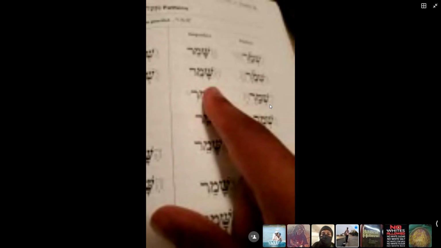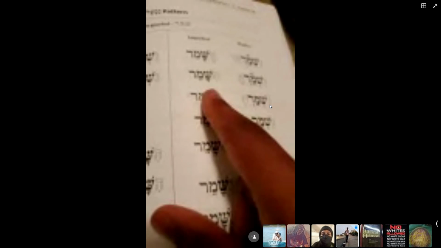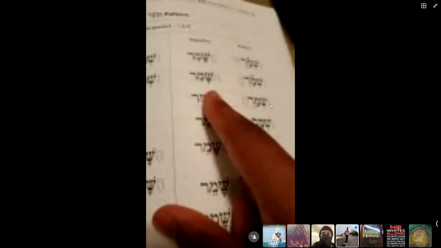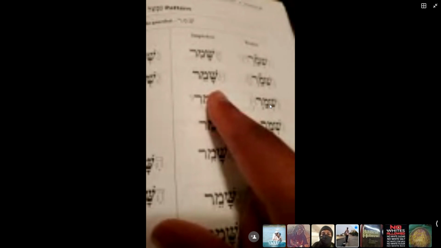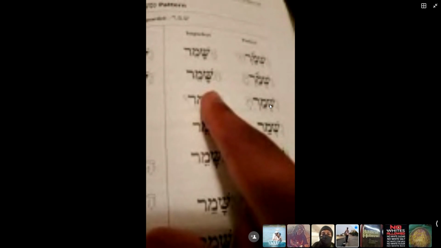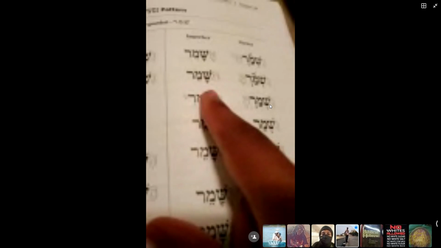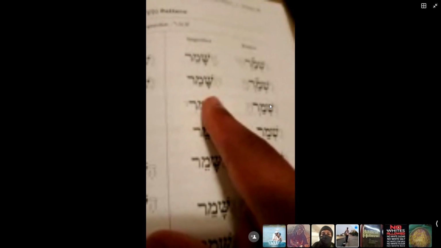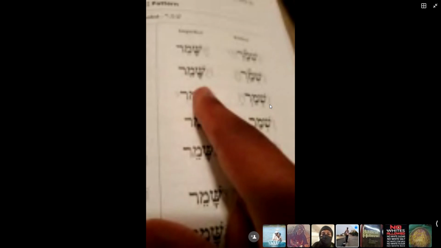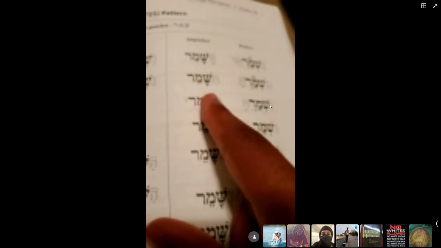So if you're already saying something in the second person future tense, to the English mind it sounds like you're commanding somebody already. Because saying Tishamer, you will be guarded or you will be kept, is already going to sound like you're commanding something to take place, to somebody who thinks with an English frame of mind, as we all were born and raised to.